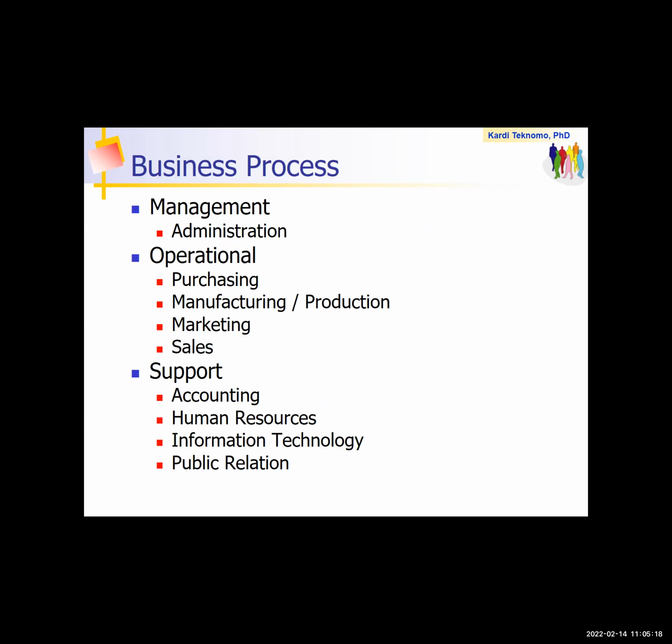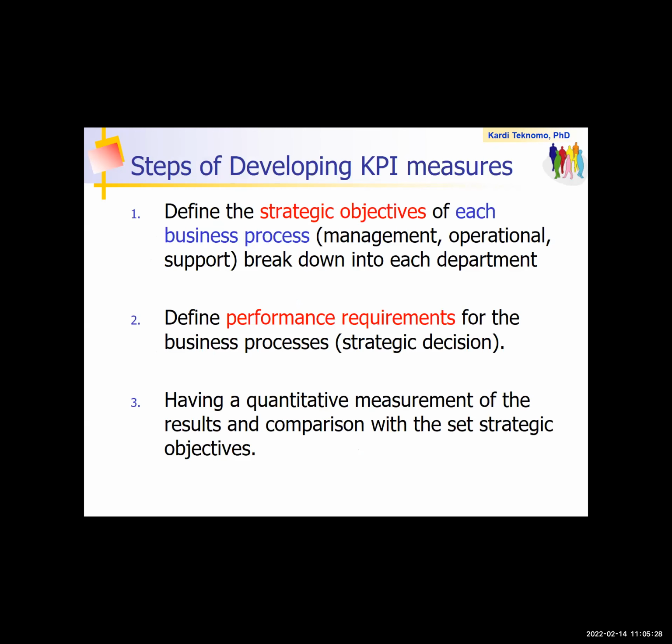So again, in the business process, you may have management, you may have operational support, and so on. So these are the departments in your business process. First you define the strategic objective of each business process. You break down into the departments. And then you define the performance requirement for the business process, which means the strategic decision. And then you define the quantitative measurement for that objective.